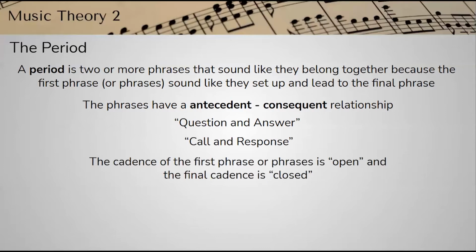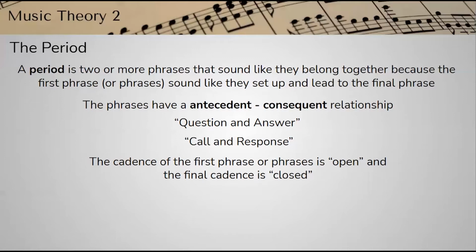So think of an example. Something like this. Right? That's two phrases. This is called This Little Light of Mine, right? So we have this, that first little part. And that makes it sound like something needs to follow it, right?